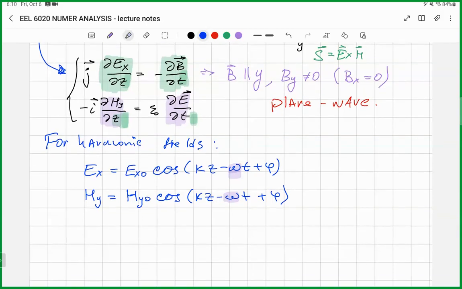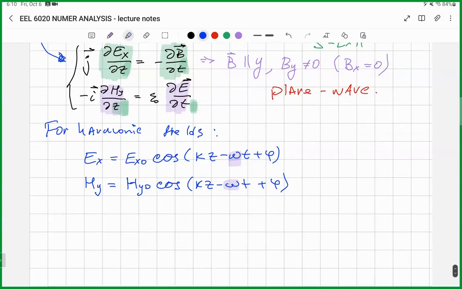But before doing that, let us look at the phase of the cosine function. So this cosine of kz minus omega t plus phi, right? This is known as the phase of a wave.